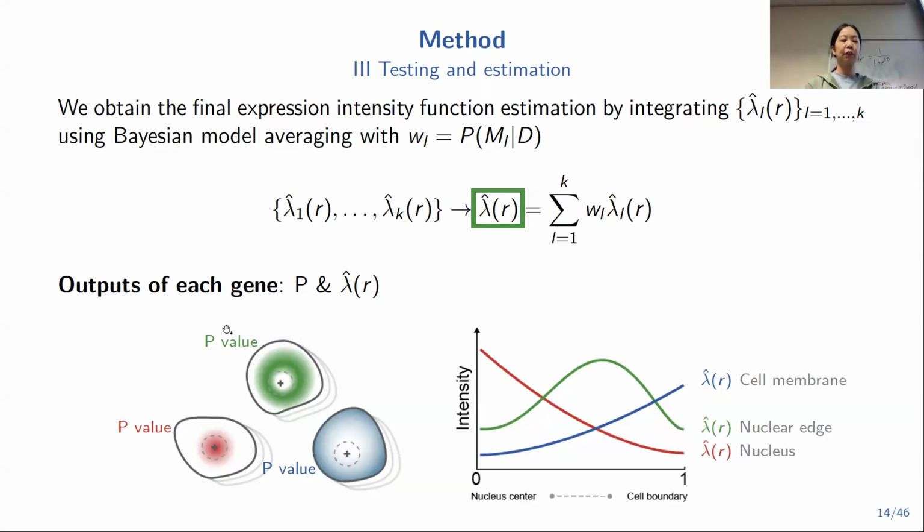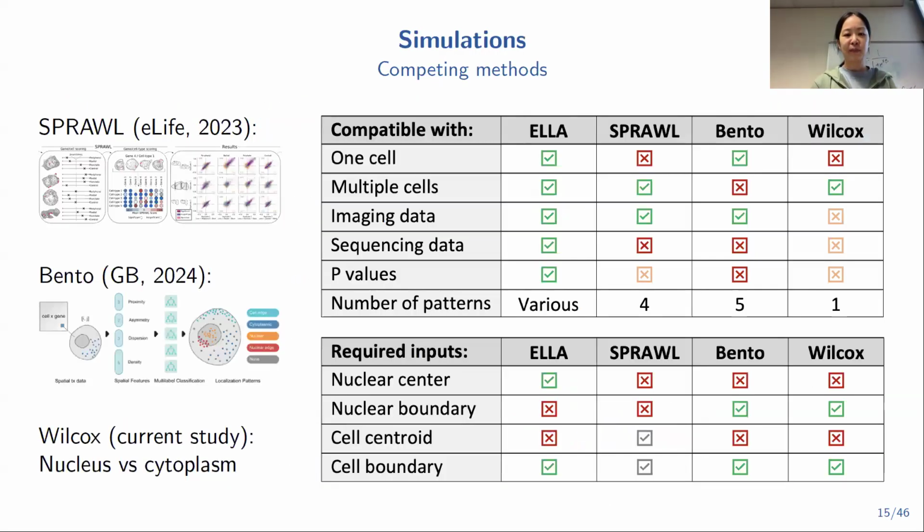Suppose here are three genes. For example, in this toy plot, this red gene is high at 0, corresponding to the nuclear center. So this red gene is a nucleus-enriched gene. That's the idea of this model.